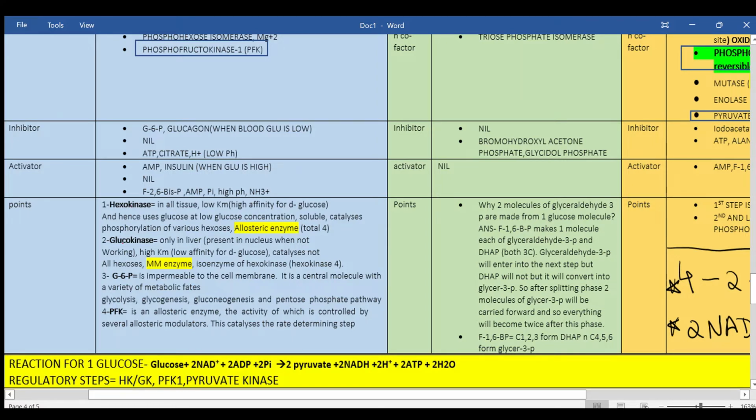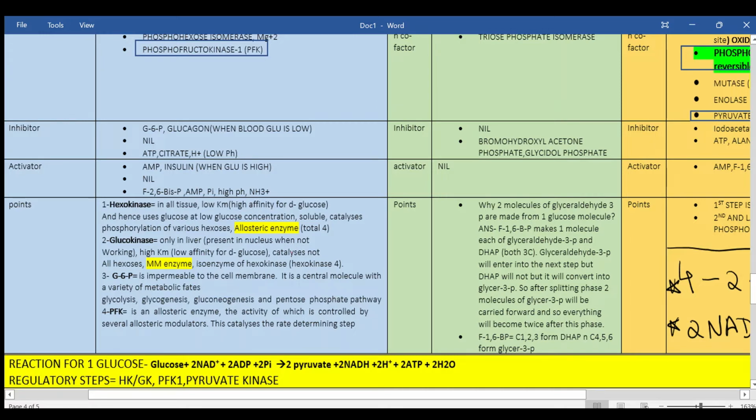Now glucokinase. Glucokinase is found only in the liver, and it is present in the nucleus when not working, meaning when it is inactive, it is present in the nucleus of the liver cell. It is just the opposite of hexokinase: it has a high Km value, that is, a high dissociation constant, meaning it has low affinity towards D-glucose.